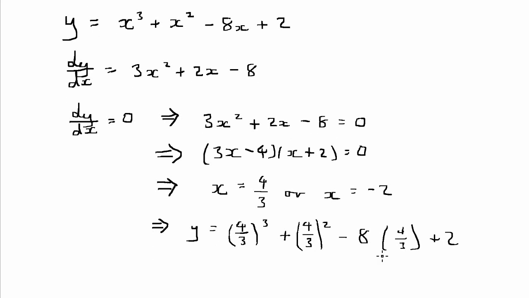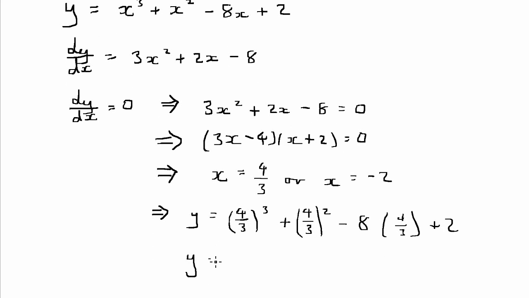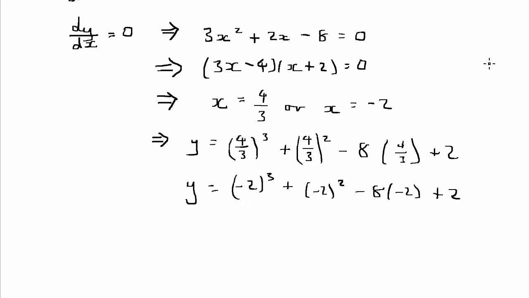In the second case, the value will be (negative 2) cubed plus (negative 2) squared, subtract 8 lots of negative 2 plus 2. If we were to work those values out, we would find that in the first case we get the slightly horrific value of negative 122 over 27, and the second case we get the value of 14.